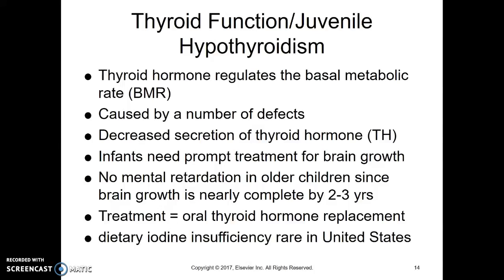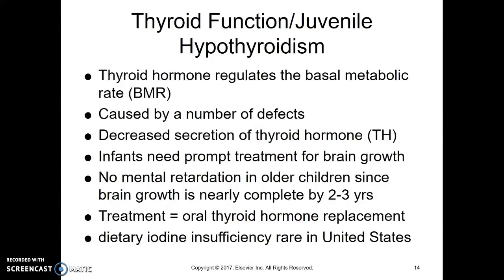So if this is in an infant, we've got to treat this very early because the brain is growing. If it's later, we're a lot less worried because the brain is nearly completely done by 2 to 3 years of age.